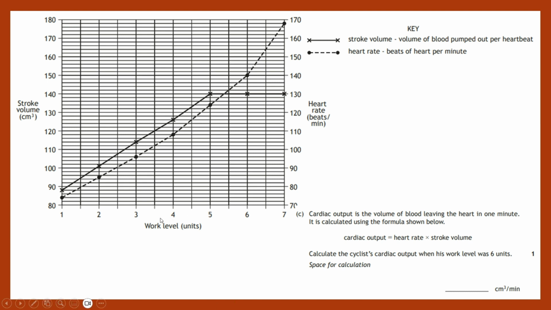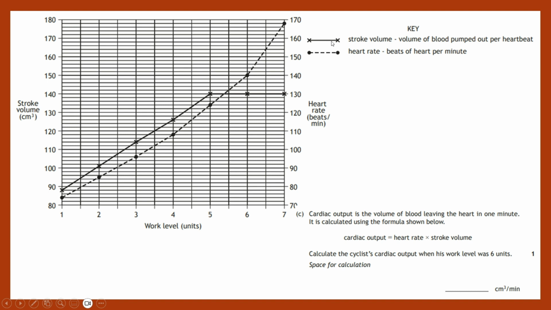So we've got the work level in units, we've got the stroke volume in centimetres cubed on this side, the values on this side, and the heart rate in beats per minute, the values on this side here. Just a little note, centimetres cubed is the same as millilitres, so the numbers are the same.